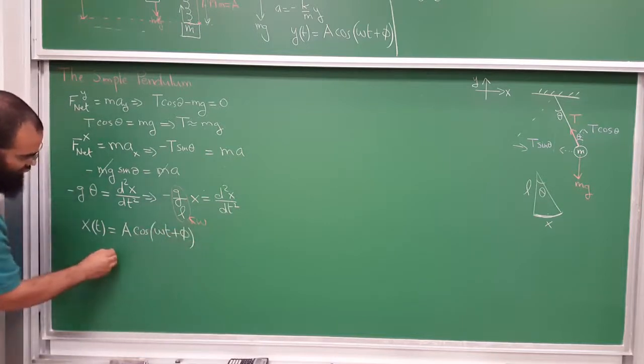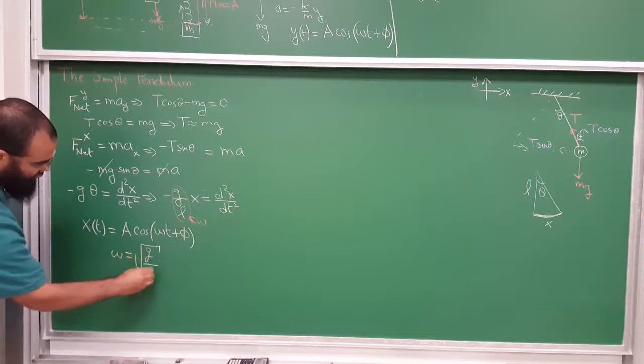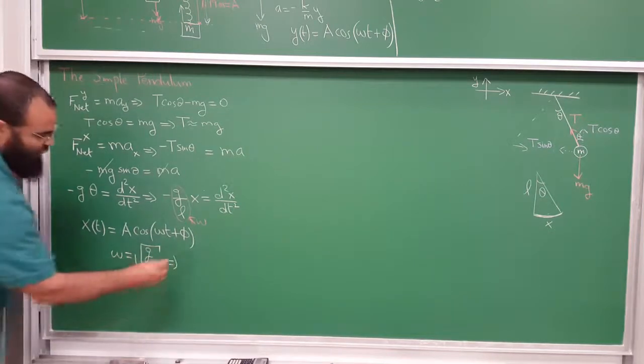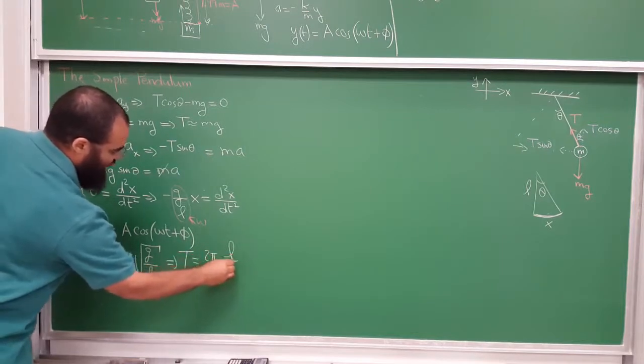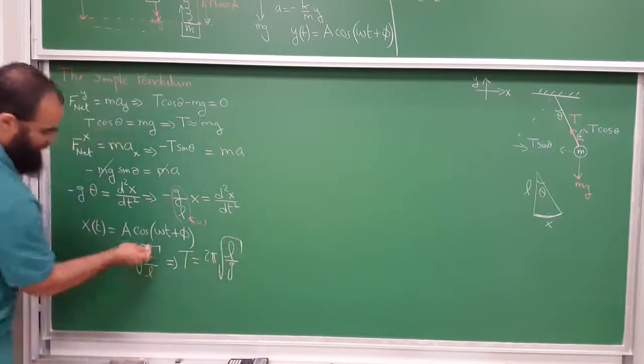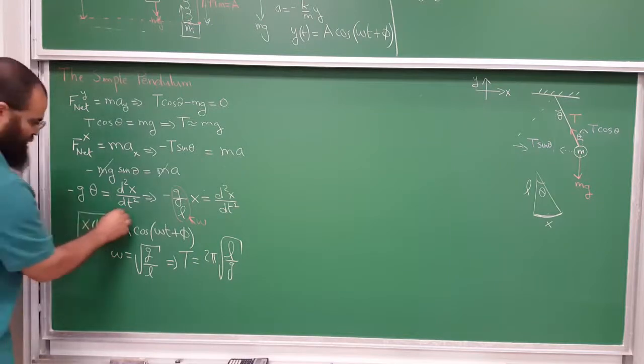And omega is equal to the square root of g over L. The period would be 2 pi over omega, and that is 2 pi the square root of L over g, because you're dividing, you reciprocate. Okay, so that's basically the conclusion here. We get this.